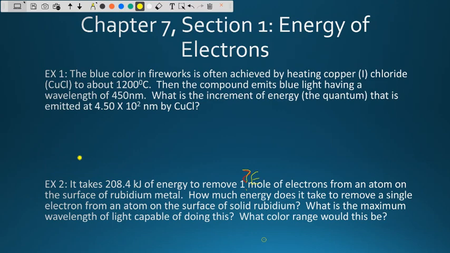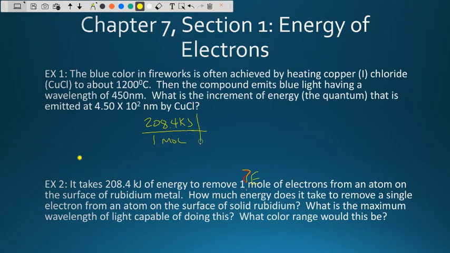So we're removing an electron there, and we know how much it takes to remove 1 mole of electrons. So if you go back to your conversions of the mole, we remember that 1 mole is 6.02 times 10 to the 23rd particles. So let's take this information. I have 208.4 kilojoules, and I know that that's how much it takes to remove 1 mole of electrons from there.